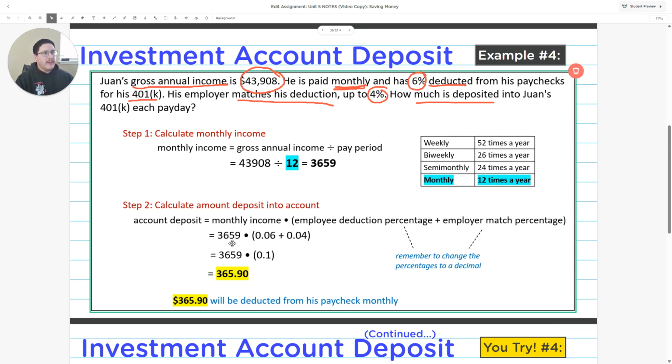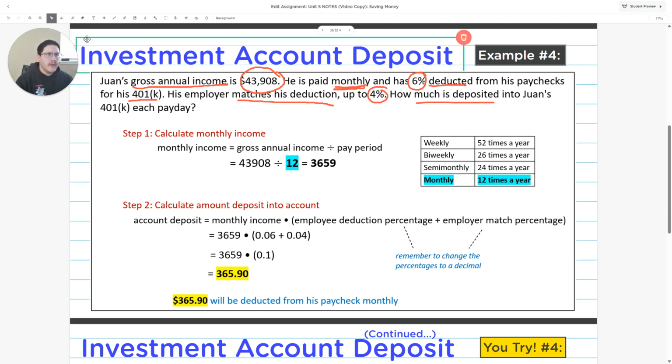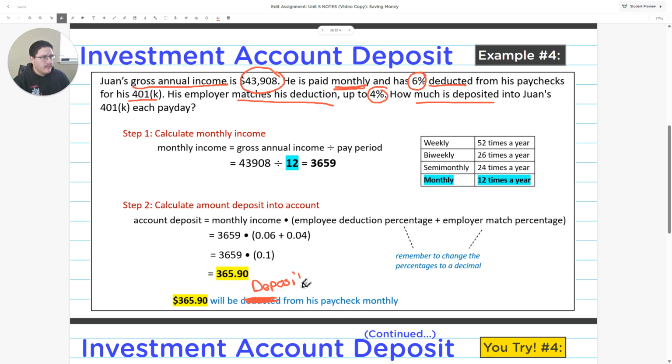But what's getting deposited into his account is $365.90 monthly.